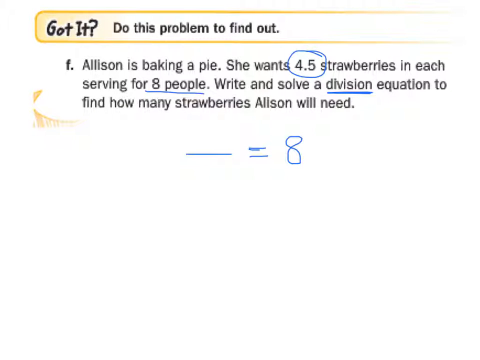So my 8's going to go on the outside, and my 4.5 will be my denominator, and we'll let S be the total number of strawberries. Because I want to take the total, divide them into 4.5 strawberry segments, and we have to have enough for 8 people. So we're going to multiply both sides by 4.5.